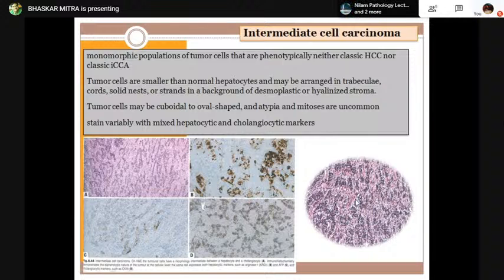As they show a mixed phenotype, they may show both hepatic markers, arginase and alpha-fetoprotein staining, which are usually positive in hepatocellular carcinomas. They are positive here. Even CA19.9 or CK19 can be positive in these cases.